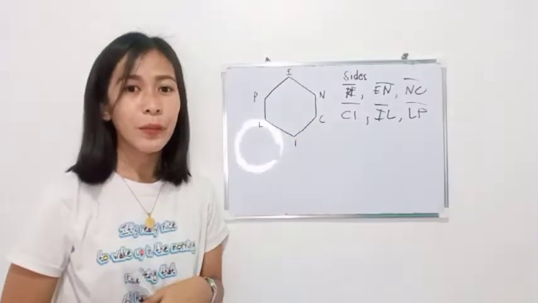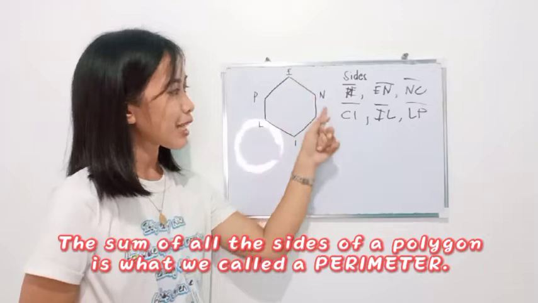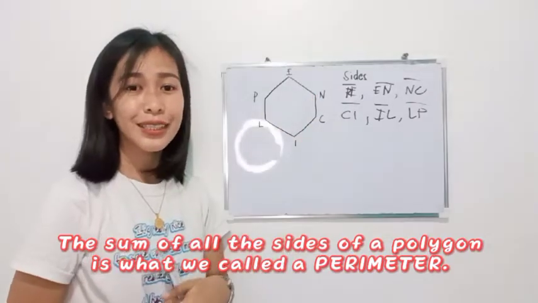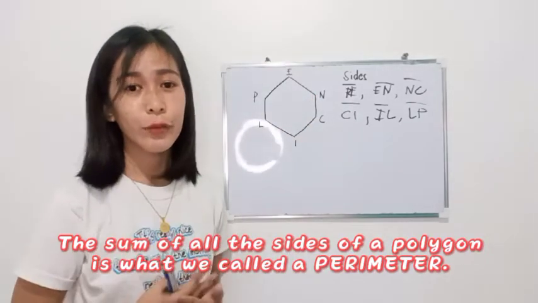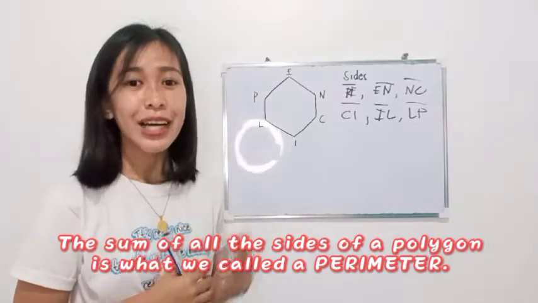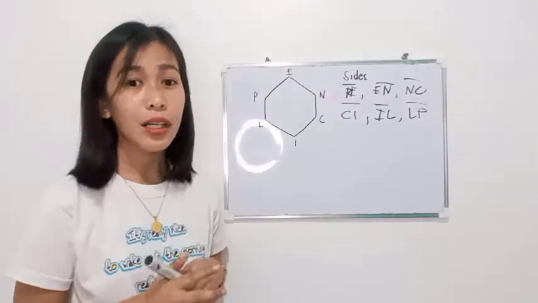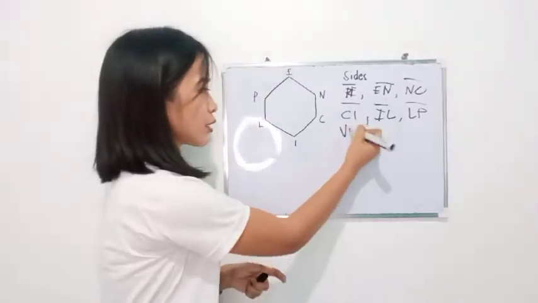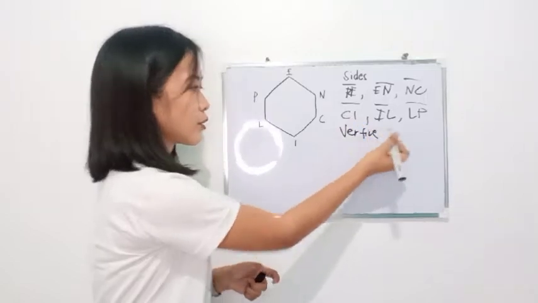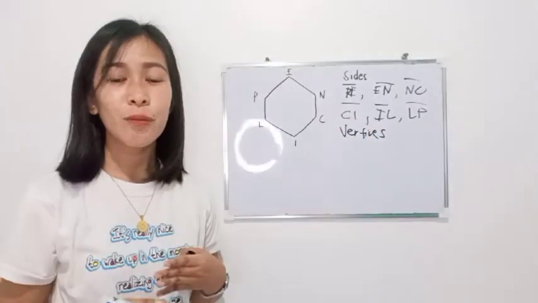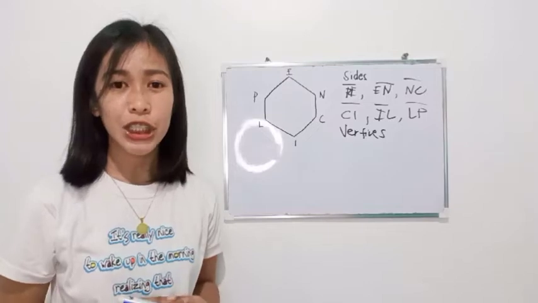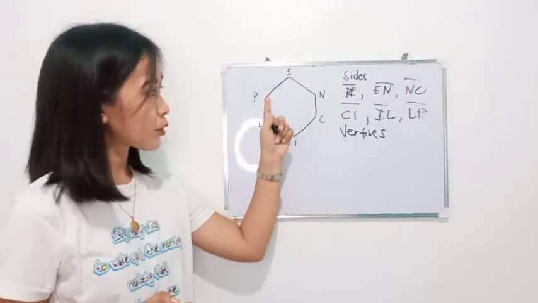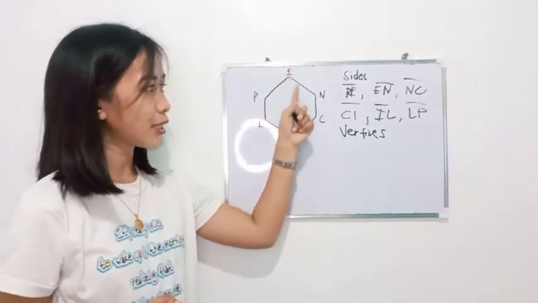Always remember na kapag pinagsama-sama mo yung measurement ng lahat ng sides ng isang polygon, that is what we call the perimeter. Okay? Now, let us identify what are the vertices of this polygon. Ang vertices naman yung mga point of intersection ng mga segment. Like, for example, side PE and side EN.